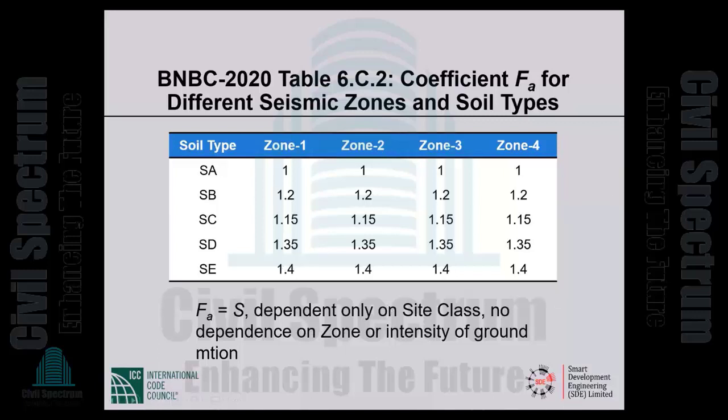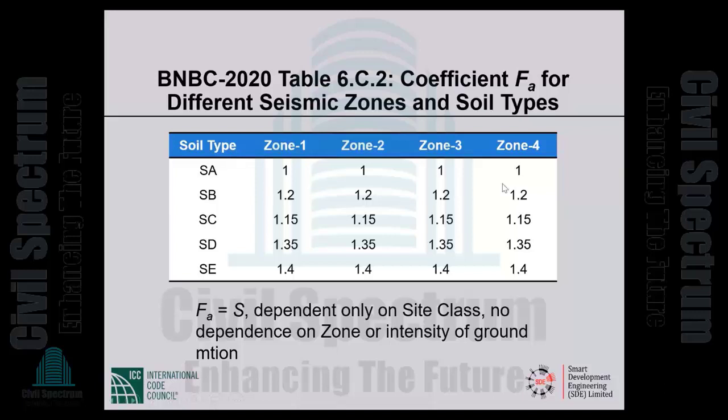I will draw your attention to the fact that although we have multiple rows for the 4 seismic zones, the values are exactly the same. The values of the site coefficients do not depend on the intensity of ground motion as in AC 705.